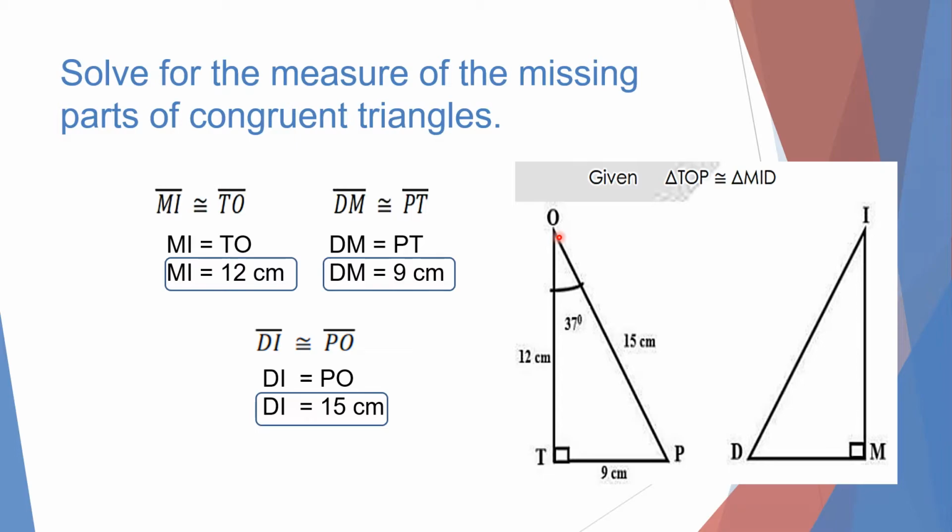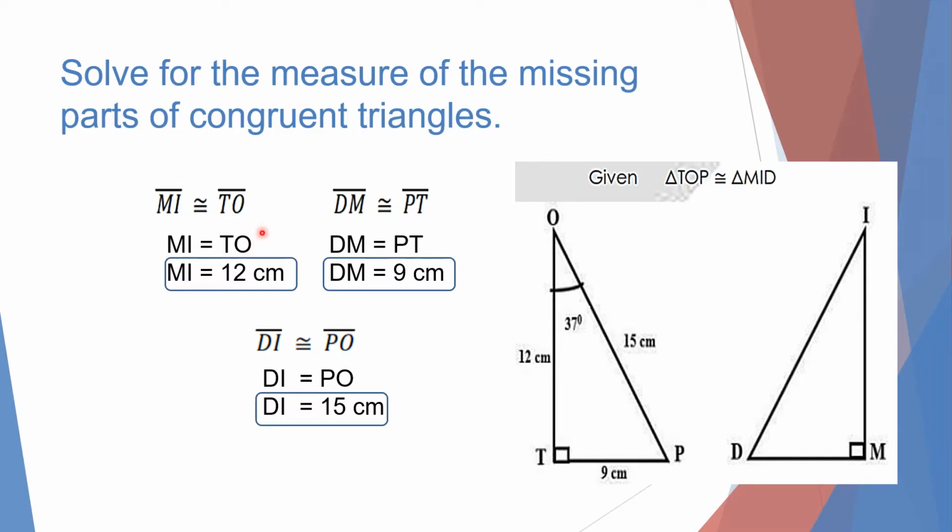At since sila ay congruent, yung measures nila ay equal din. So, i-equate lang natin sila or yung congruent sign, papalitan lang natin ng equal. That's why we have here MI is equal to TO, DM is equal to PT, and DI is equal to PO. Siyempre, dahil equal nga sila, same din ang measurements nila.